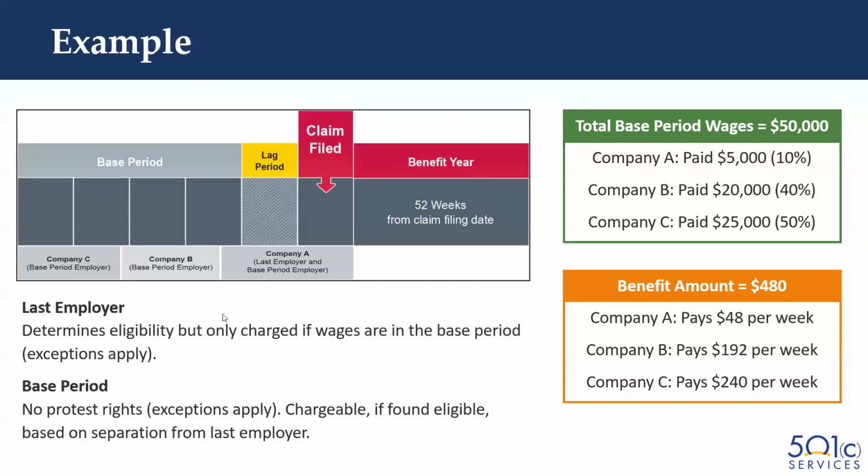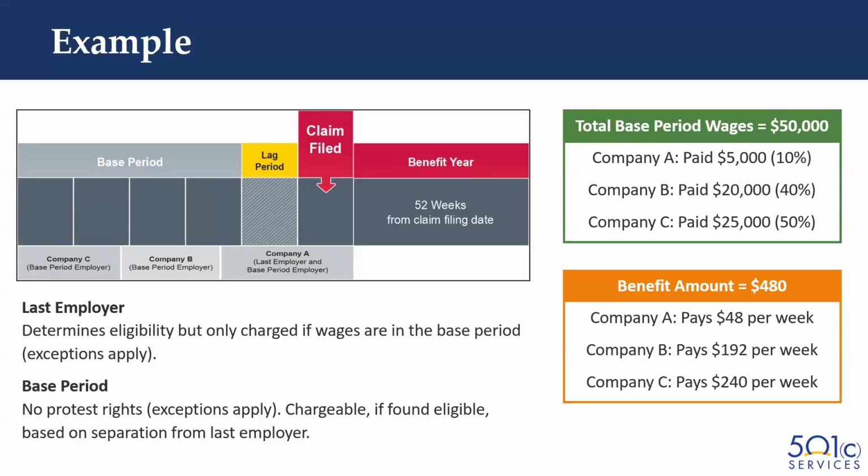So Company A is going to receive a last employer claim, which is going to be used to determine the individual's eligibility based on their most recent separation. They will also receive a base period notice because they have some wages back there in the base period. And that base period notice is going to address their financial liability. So we've got two forms.